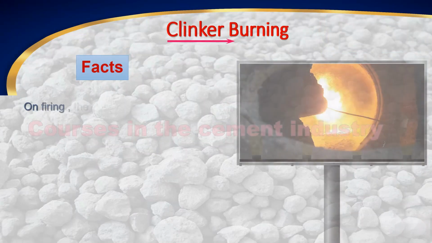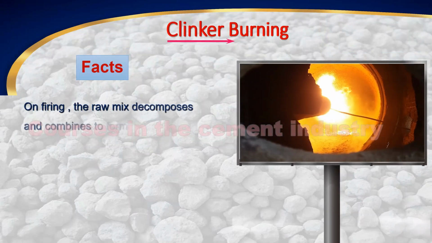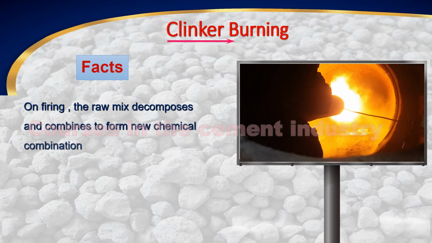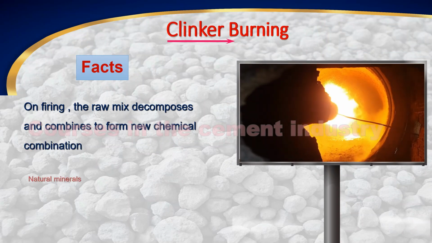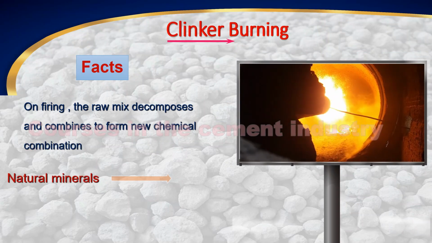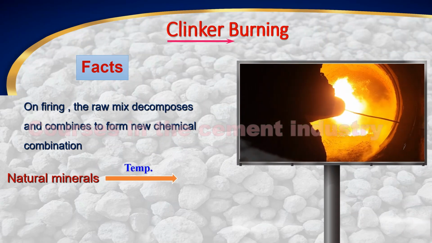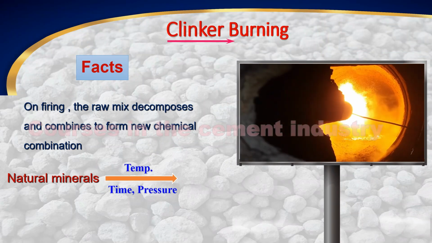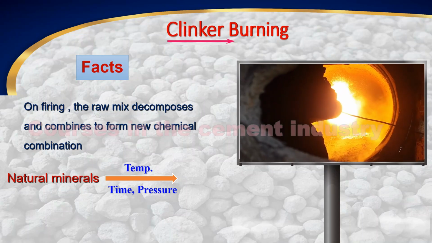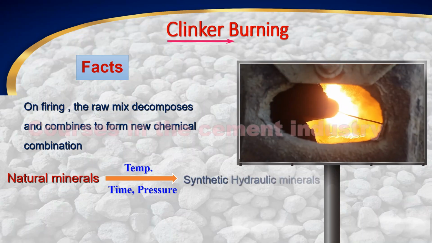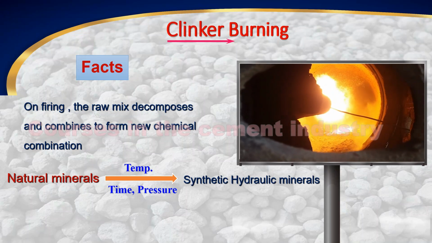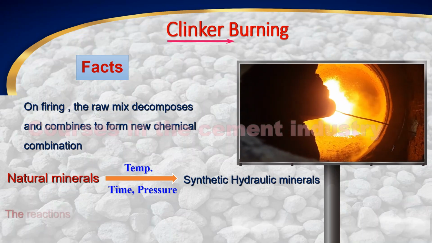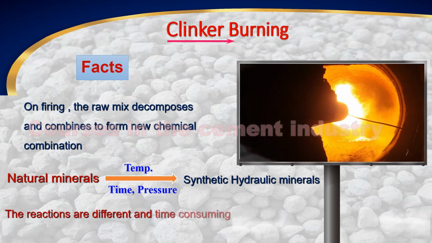On firing, the raw mix decomposes and combines to form new chemical combinations. Natural minerals, under the effect of temperature, time and pressure, become the product of the reaction: synthetic hydraulic minerals. Noticeably, the reactions are different and time-consuming.